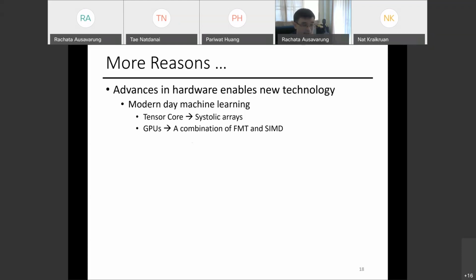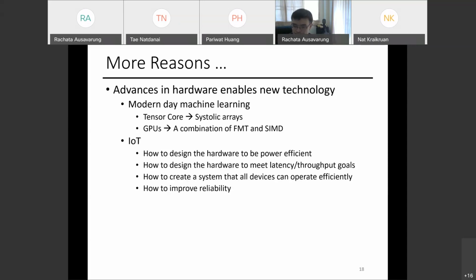The TensorFlow that runs on Tensor Core is another variation of an old architecture concept called systolic array. I think it was proposed in 1960 by one of the researchers who said, okay, you can do matrix multiply using this design. It will be fast, it will be energy efficient, so you can use them now to accelerate machine learning. It has a lot of use in IoT.